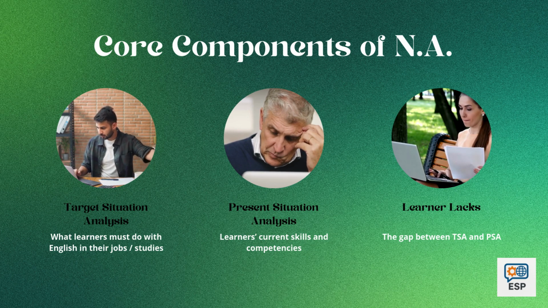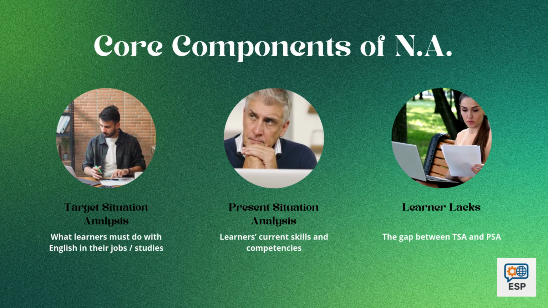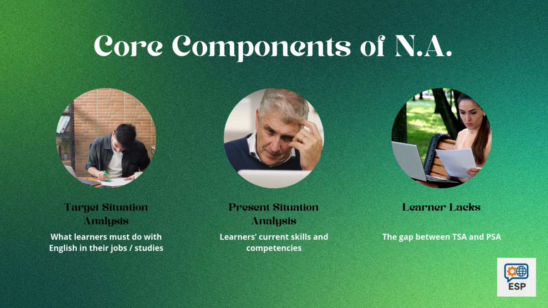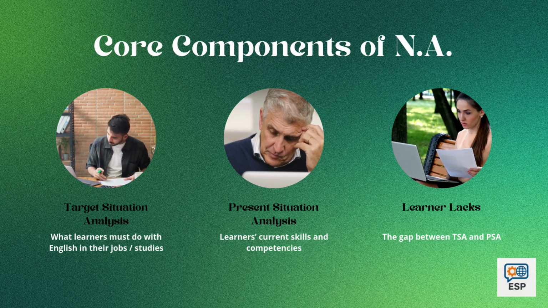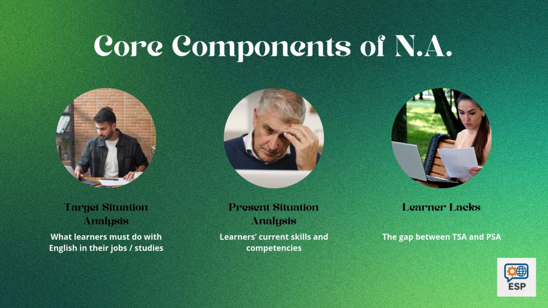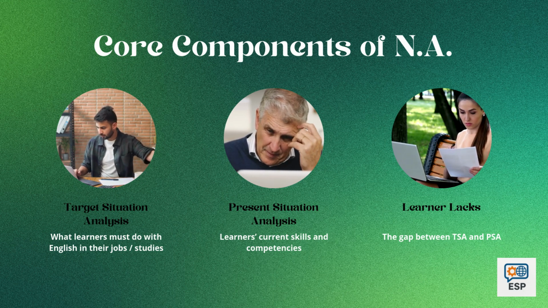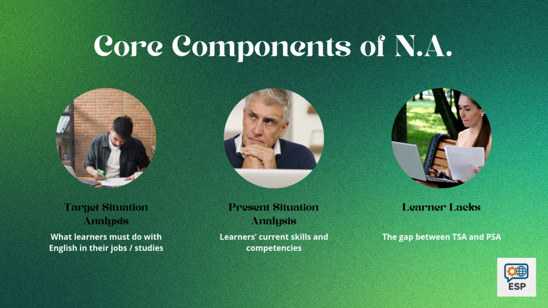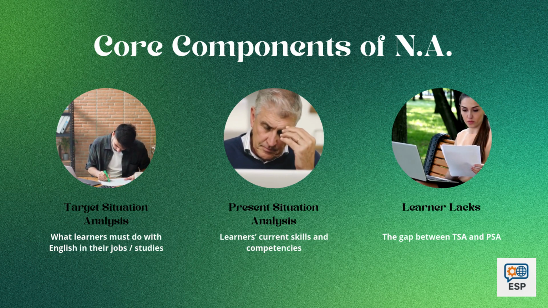In order to be specific about the necessities the students have, again, EOP or EAP, we need to take into account three core components. The first one, I'll list them out first, and then we'll address each one.